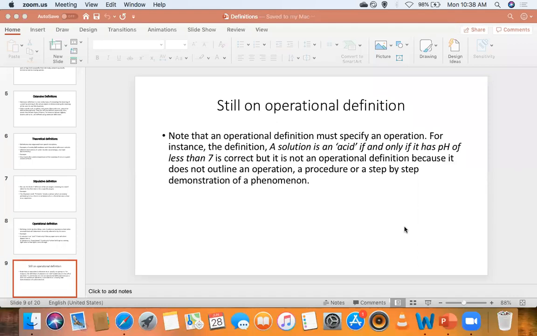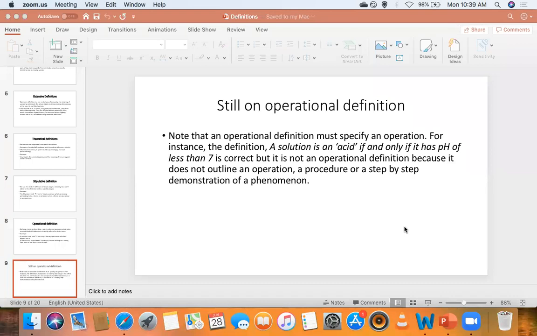That's fine. So still an operational definition. Note that an operational definition must specify an operation. For instance, the definition a solution is an acid if and only if it has a pH of less than 7 is correct, but it is not an operational definition because it doesn't outline an operation or a procedure. You understand this?